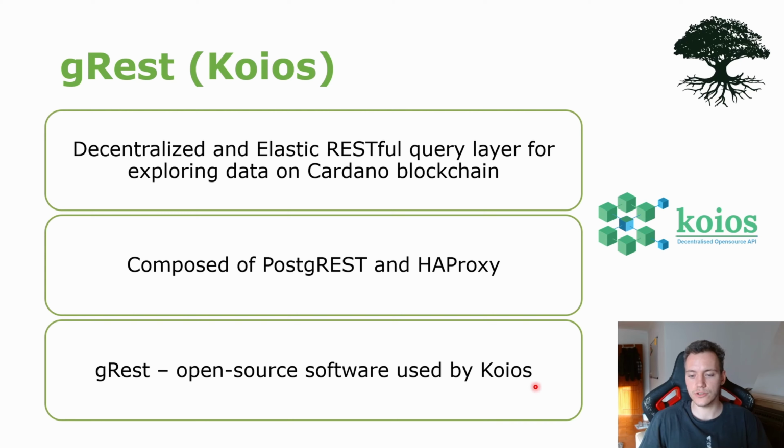On the other hand, it is used by Koios. Koios being the decentralized open source API, Koios is more like an organization that is using the open source software and is also developing the software. So just to make those two terms clear, you can refer to Koios node as gRest node. It doesn't really matter.